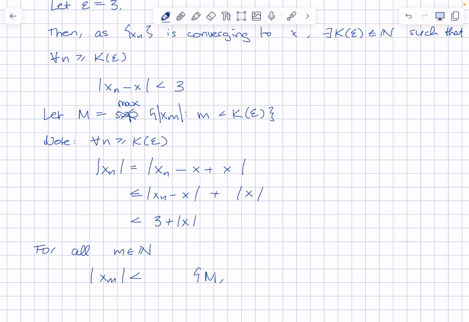What about if n is greater or equal to k epsilon? What do we know?